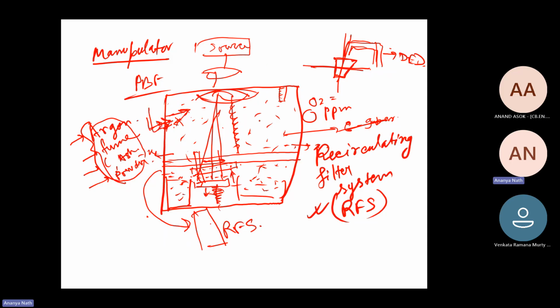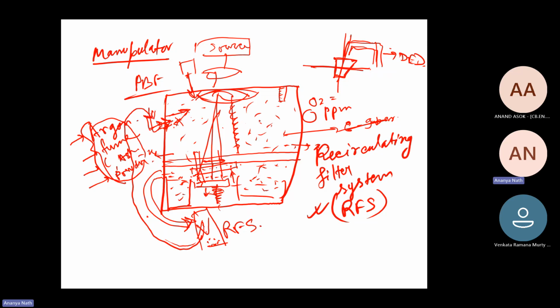That's why this RFS will be connected through this argon. Here the argon gas cylinder is connected, and here the RFS is also connected. The argon is coming from the cylinder, but inside, the mixed gases will go to the RFS, and the RFS will filter out and segregate the powders and produce the pure argon here.